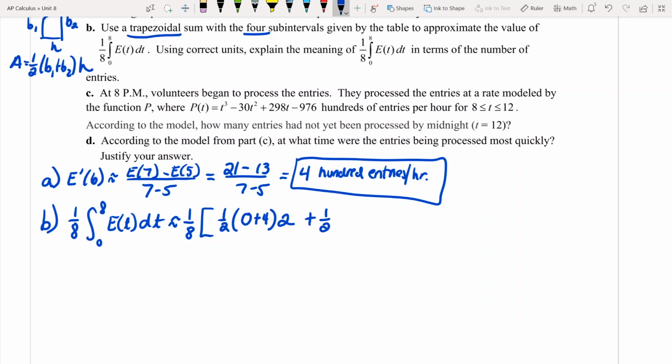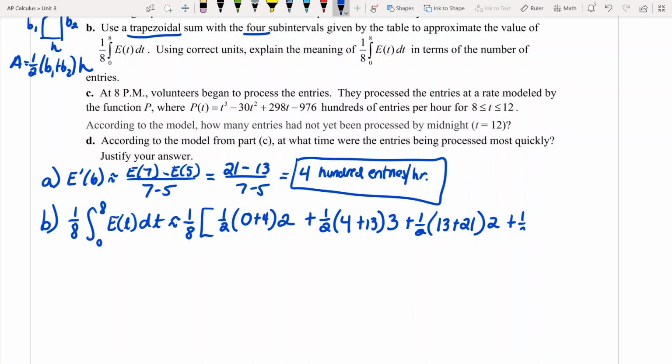Then my second trapezoid is going to have a left-hand base of 4, a right-hand base of 13, and then that width or height is going to be 3. Then for my third trapezoid, 1/2 times 13 plus 21. And the height or width of this one is going to be 2.